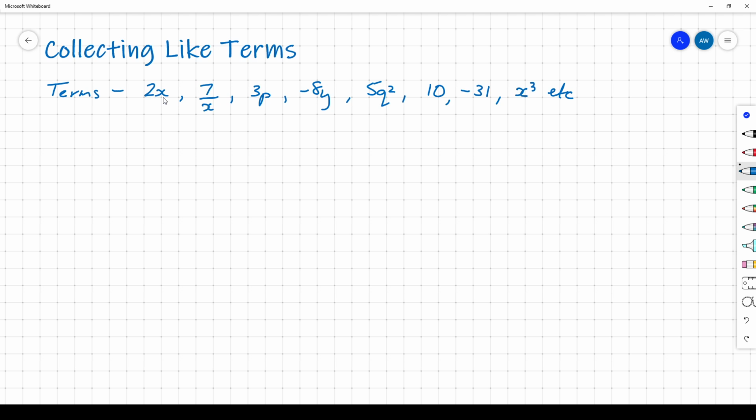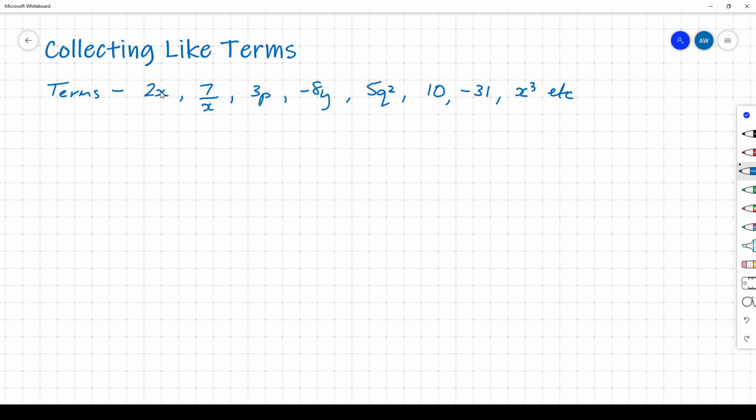Basically anything with a letter or combination of letter and number, or number on its own. We call these constant terms, because 10 will always be 10 unless you add something to it. It can't change. Remember our rules of algebra. 2x could be any value because it depends on x, because x is a variable.